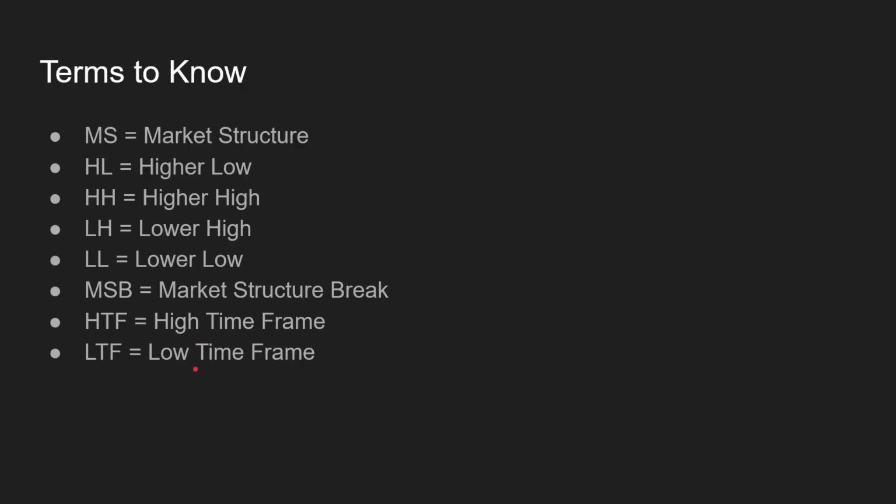Higher time frame representing daily, weekly, monthly, and lower time frame representing maybe the hourly, 30-minute, 15-minute, 5 minute, 1 minute, etc. We'll dive more into each of these topics and concepts as they arise in the lesson.